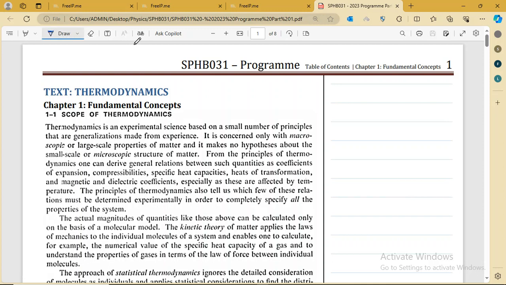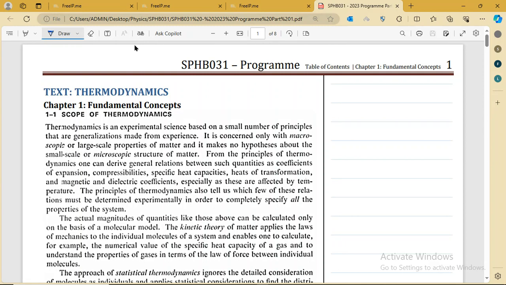Today we are going to start with our second physics module, which is thermodynamics and statistical mechanics. With this module, we are going to have two parts: thermodynamics and the other part, which is statistical mechanics.